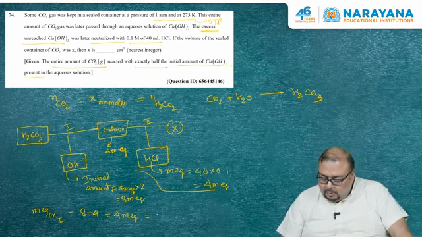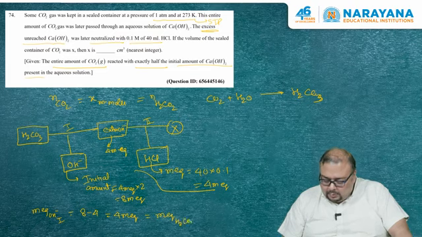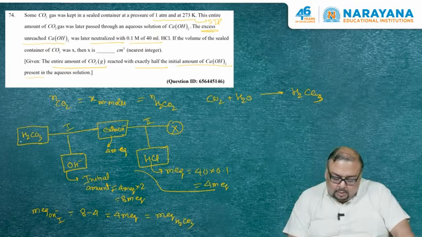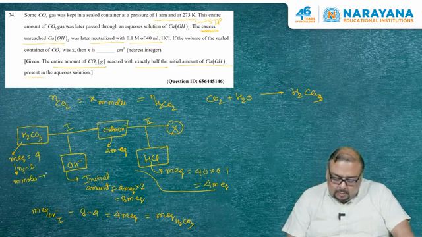And this will be equal to milliequivalents of H2CO3. So H2CO3 milliequivalents will be 4. So the n factor of H2CO3 is 2. So millimoles of H2CO3 will be 2. So if H2CO3 is 2 millimoles, then moles of CO2 is also 2 millimoles.